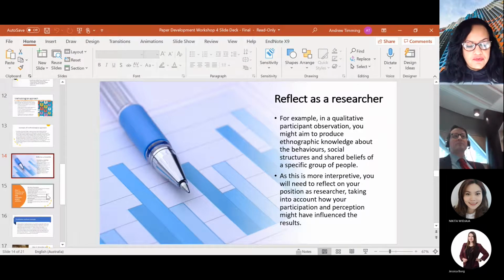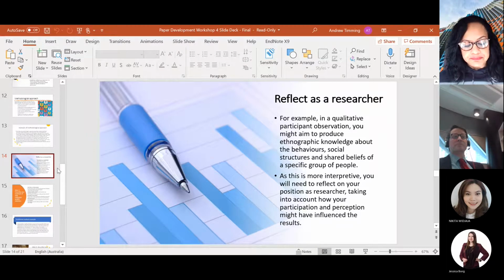So just to give you a few examples of what being reflexive means, it would mean being attentive to the cultural, political, social, and ideological origins of your own perspective and voice as a researcher. It would also mean the perspectives and voices of those you include in your study in terms of interviewing them or observing them. And it will also include the perspective of those to whom you report your research.